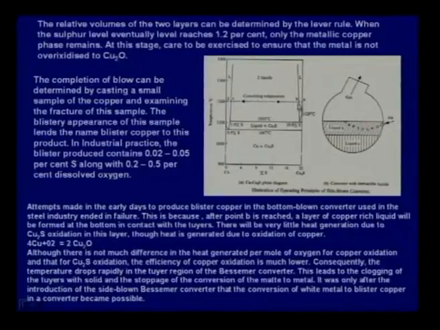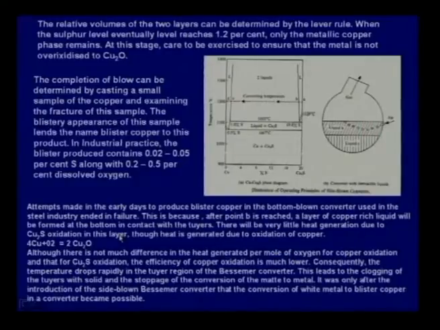Once you reach this point, after you have removed a certain amount of copper sulphide and produced a certain amount of copper, the relative amounts you will know from the lever rule. A layer of copper rich liquid will be formed at the bottom, in contact with the tuyeres, and there will be very little heat generation due to Cu2S oxidation in this layer.